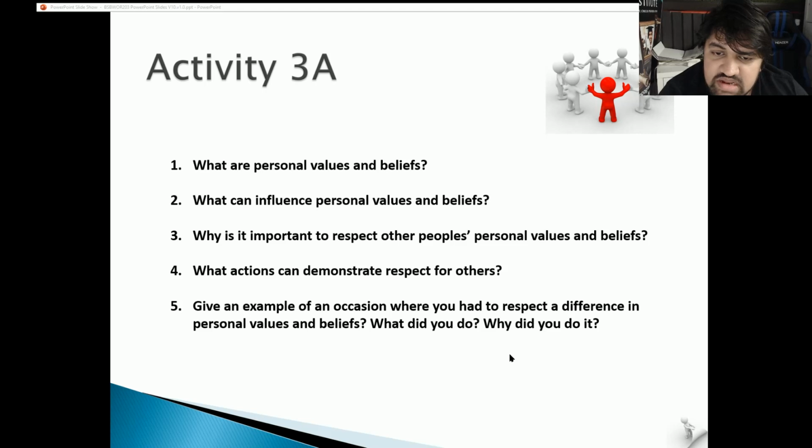Give an example of an occasion where you had to respect a difference in personal values and beliefs. What did you do? Why did you do it? In Australia, we live with many cultures, many beliefs. As an Islamic person myself, I don't eat pork, but many Australians do. Whenever you go to parties, there'll be drinking, they might be gambling, things like that.